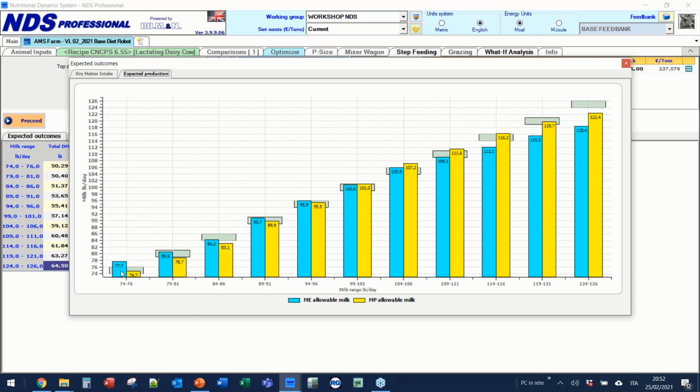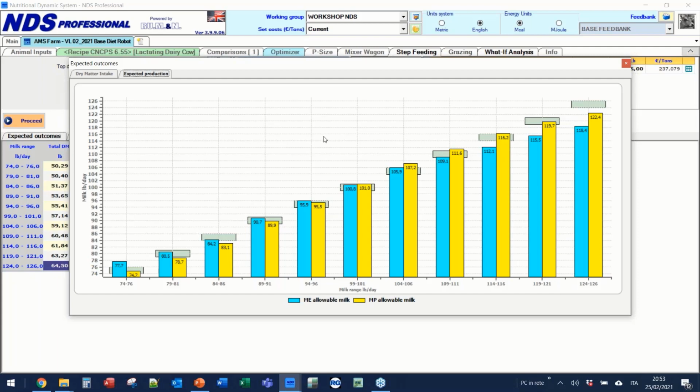The light blue bar is the ME allowable milk, and the yellow bar the MP allowable milk. You can see that we are almost fine until, let's say, 110 pounds of milk. Then we start to become a little short in energy.